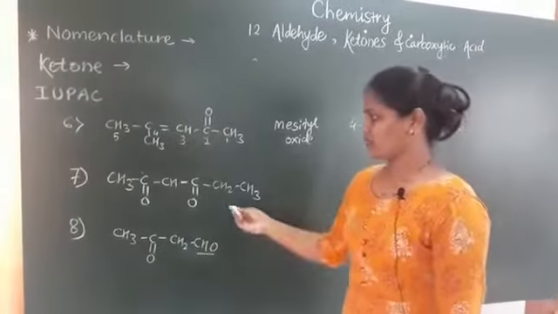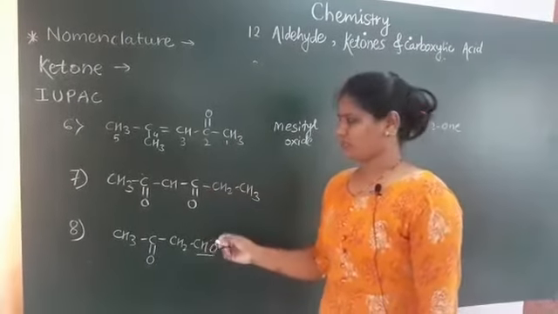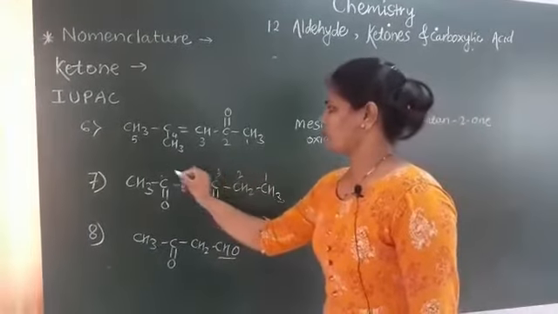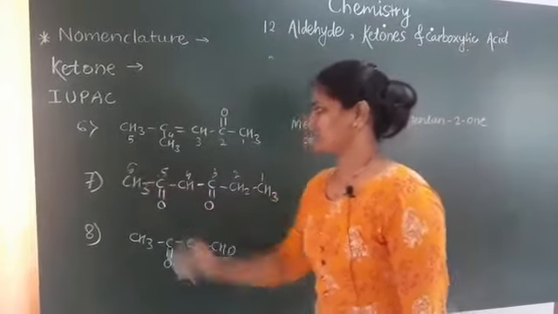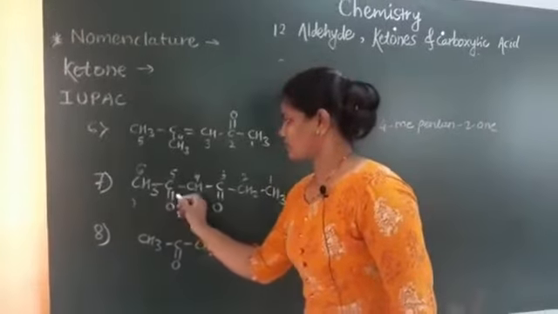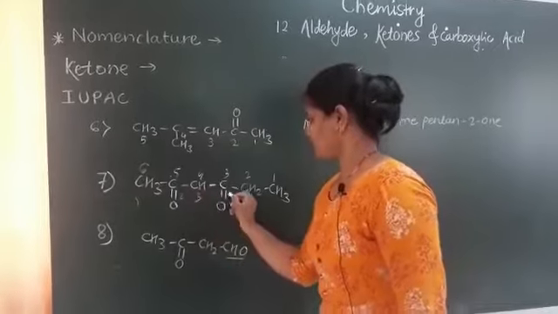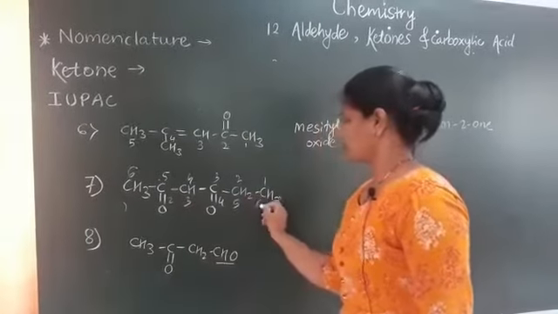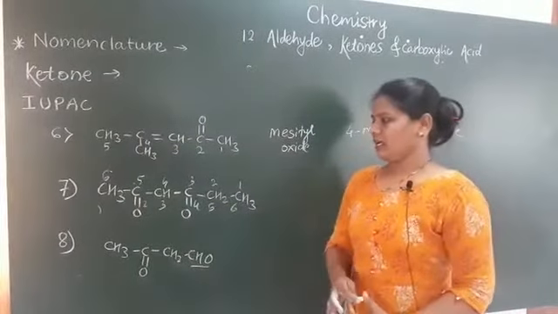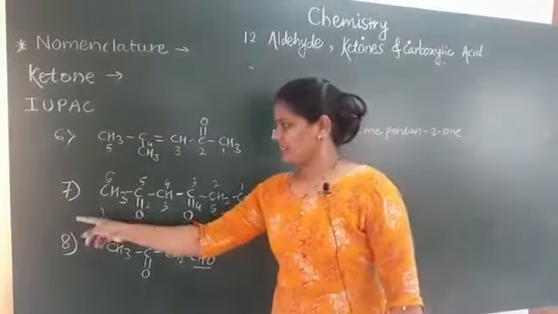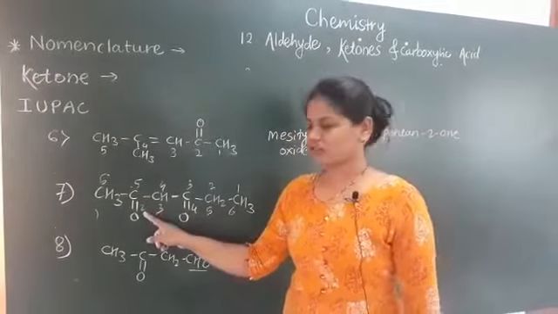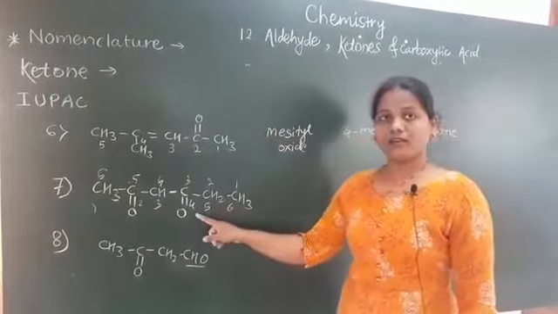Next, the seventh one, here 2 ketonic groups are given. Suppose I give the number from this side, 1, 2, 3, 4, 5 and this one is 6. And I give the number from this side again, 1, 2, 3, 4, 5 and 6. Anyhow 6 carbon atoms are there, but suppose we consider the left hand side numbering, this carbonyl group gets the second position and this one gets the fourth position.